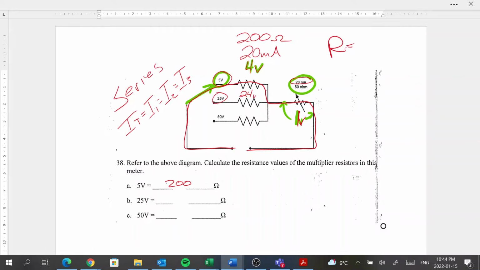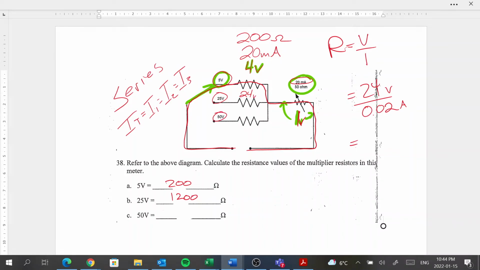So R equals V over I, which is now 24 divided by, sorry, not 50, 0.02. 24 volts, 0.02 amps. And that is going to give us 1200 ohms.